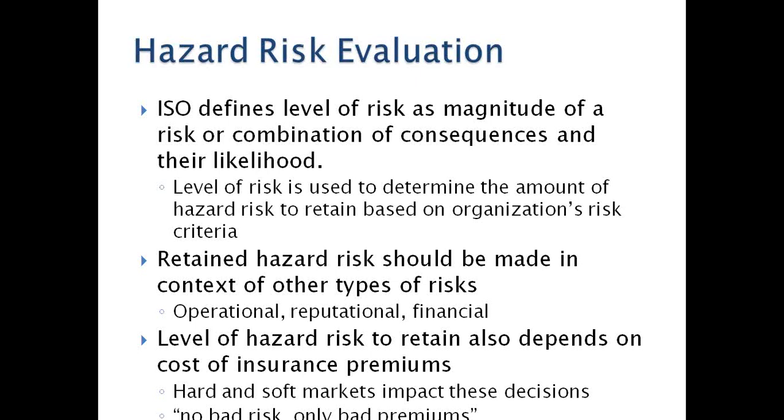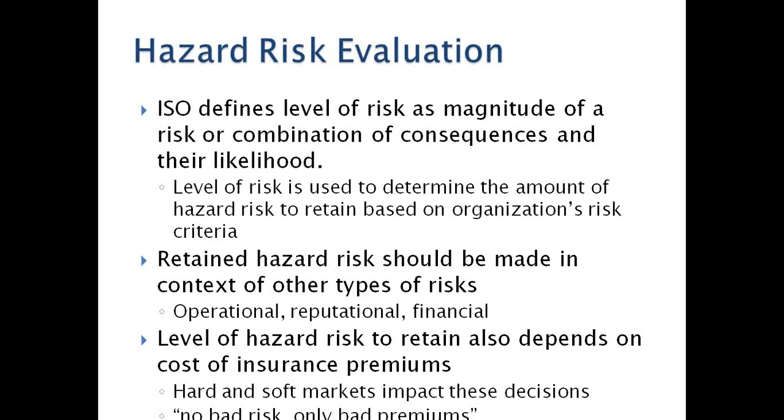We talk about retained hazard risk should be made in the context of other type of risk. So what that basically means is that when we consider, if we're going to have a high deductible or a high retention level, let's say we want to have $10,000. If we go from $10,000 of self-insured retention, meaning we're going to pay the first $10,000 of each claim, that might make sense because it allows us to take a couple hits and we only have to pay $10,000 out.